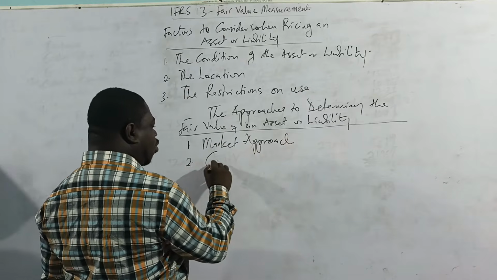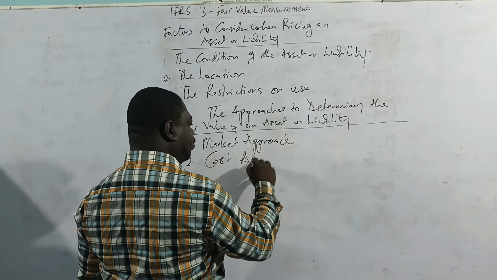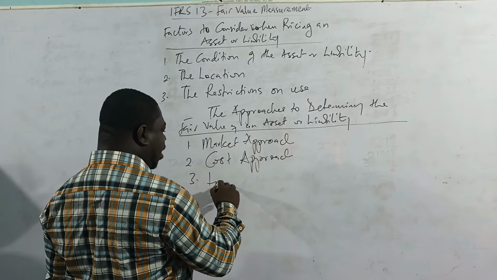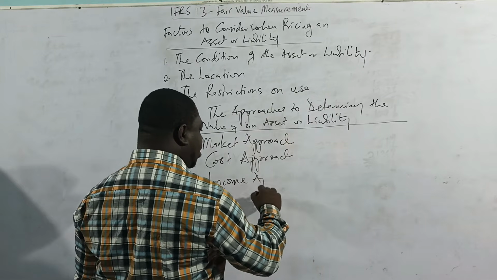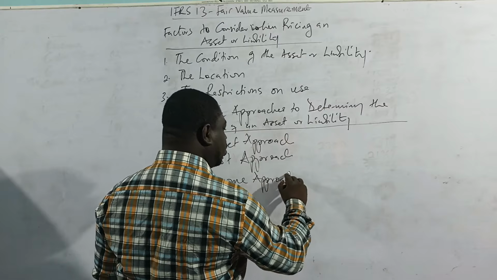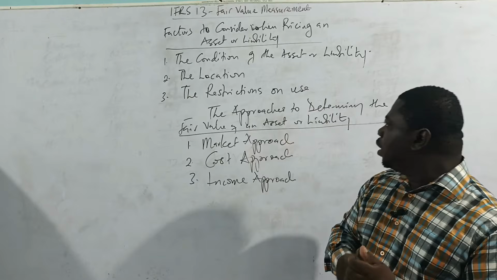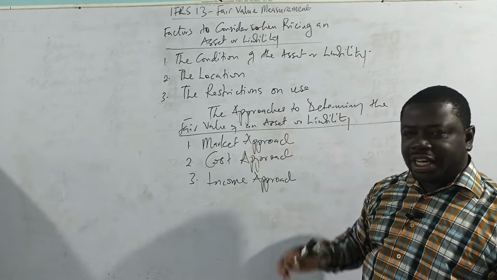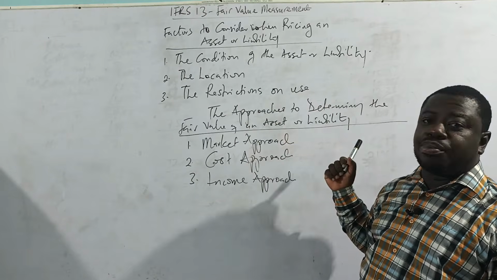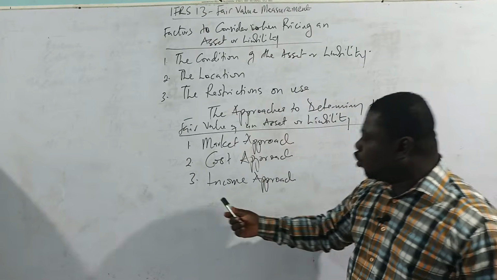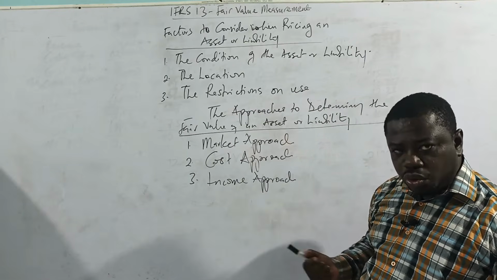The second one is the cost approach. And then finally, we look at the income approach. So these are three different approaches to determining the value of an asset. You can use the market approach, or the cost approach, or the income approach equally.